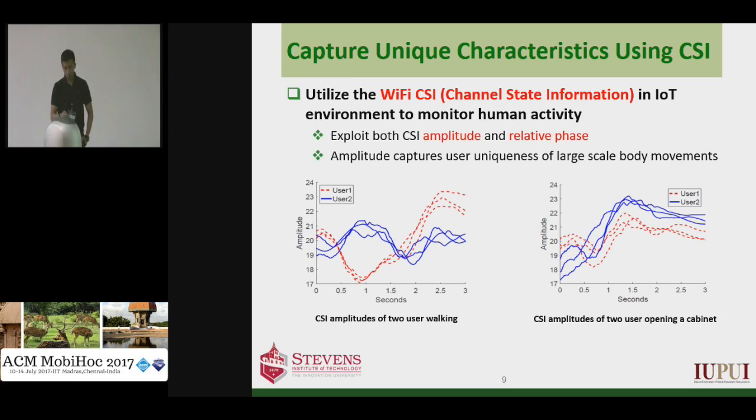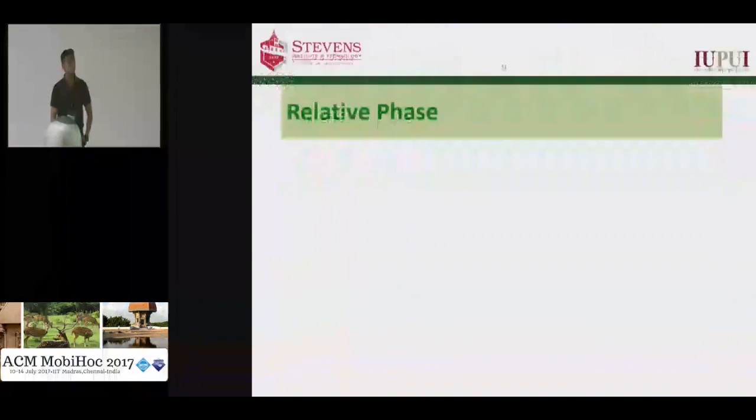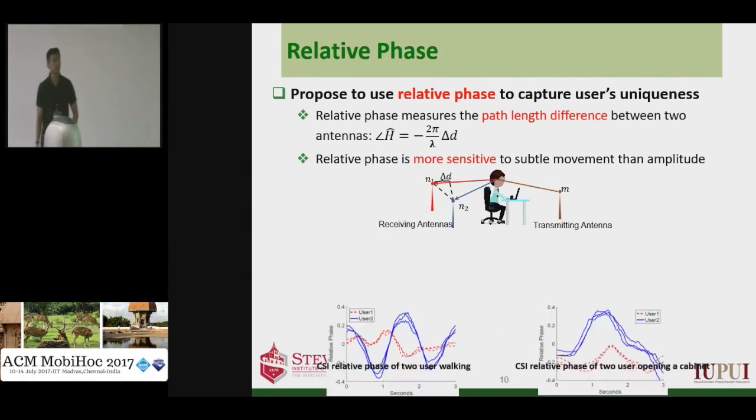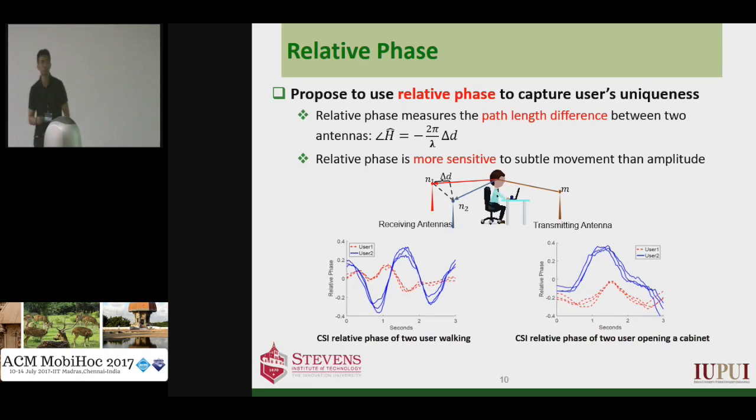To cope with this challenge, we propose to use relative phase to capture such uniqueness. As illustrated in this figure, we have one transmitting antenna and two receiving antennas, so we have two transmission paths. Because of the reflection from the human body, there is a distance difference between these two transmission paths.